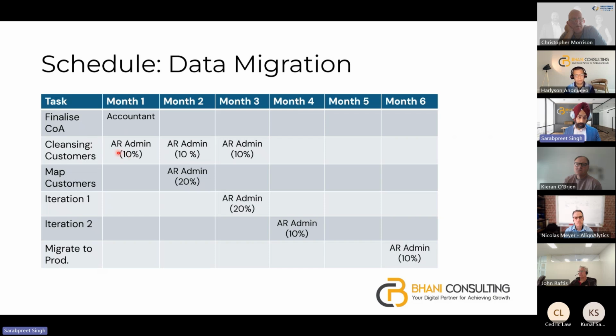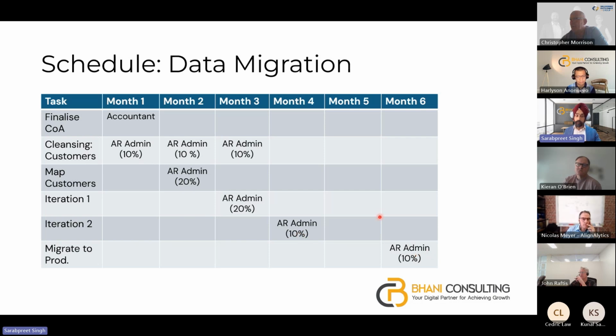And we've got an accounts receivable admin scheduled 10% of their time to work on customer data cleansing for 3 months, out of which we are going to map the customer data to migrate, as a first mapping to the ERP in month 2. The first iteration where we are going to migrate a subset of customer data into the new ERP is iteration 1, iteration 2 in month 4, and the final production in month 6.